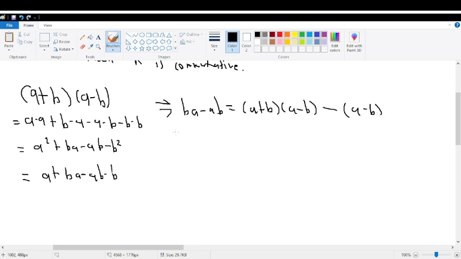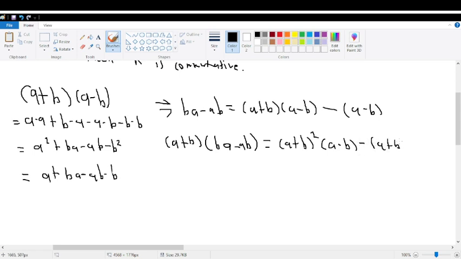From here, we multiply it on the left by a plus b. So (a plus b)(ba minus ab) is equal to (a plus b) squared (a minus b) minus (a plus b)(a minus b).